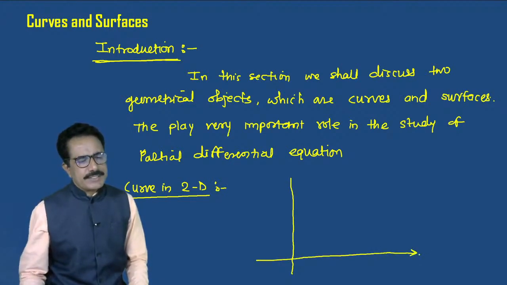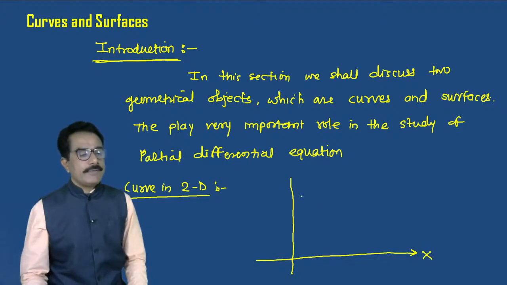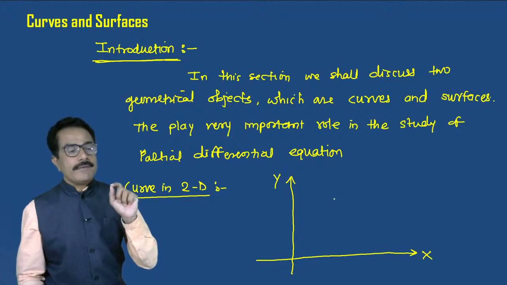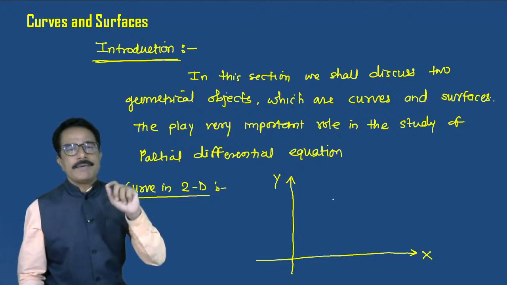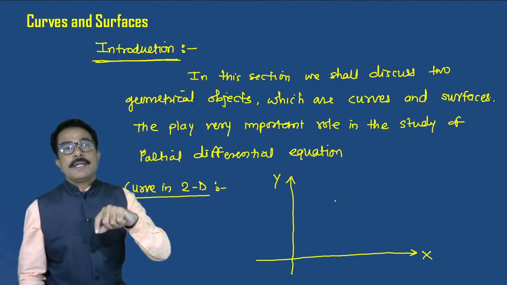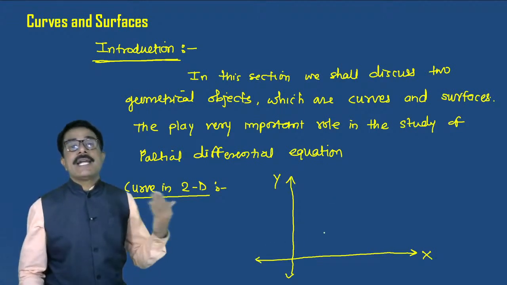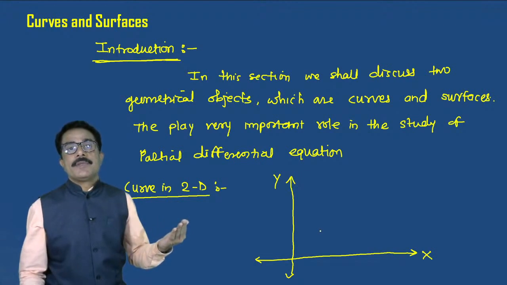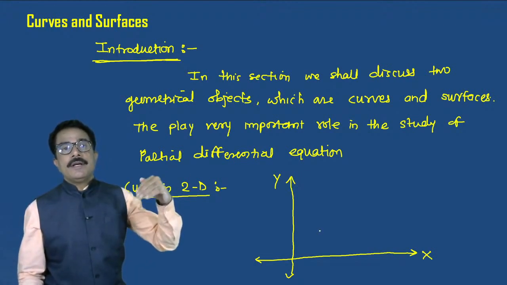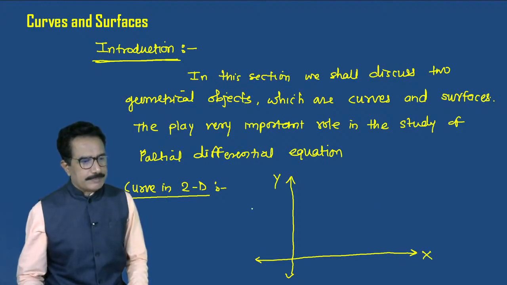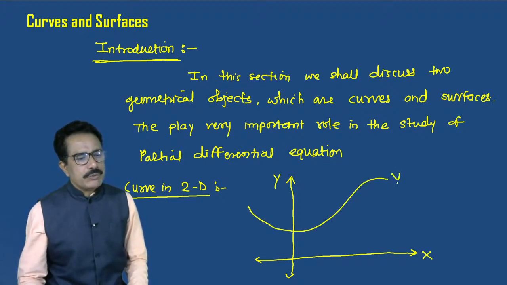Suppose this is the x-axis having the independent variable small x, and the y-axis the dependent variable. There is only one dependent variable y and only one independent variable x, then the relation between x and y is a function of the form y is equal to f of x, which gives a curve.